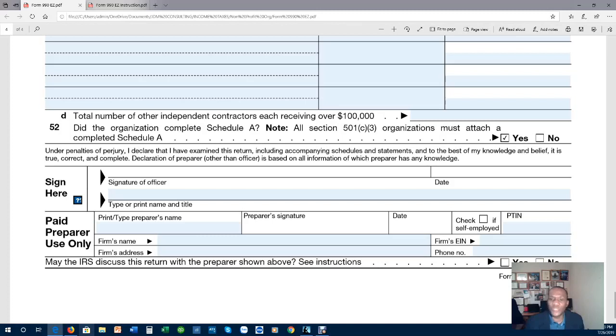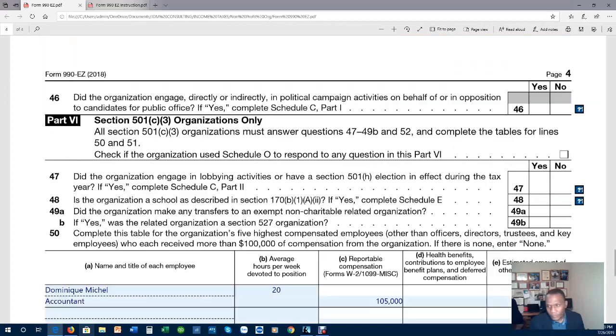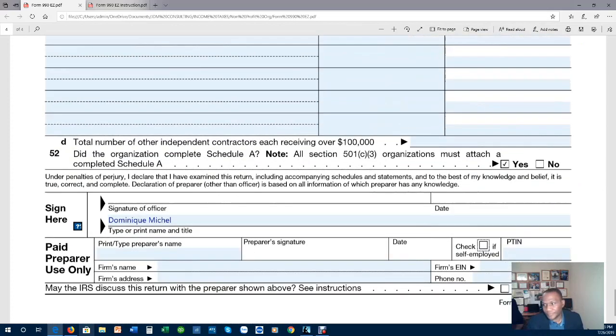The person who completed the return must fill out this section: name of preparer, let's say Dominic Michelle, okay. Date of preparation, let's say July.